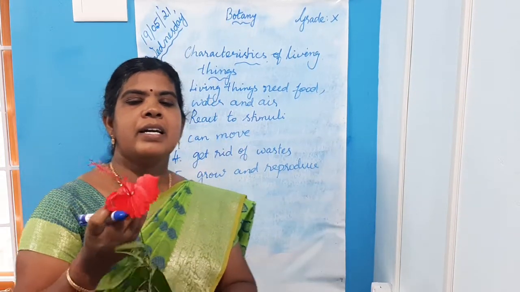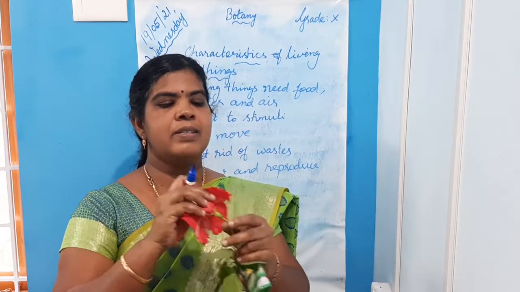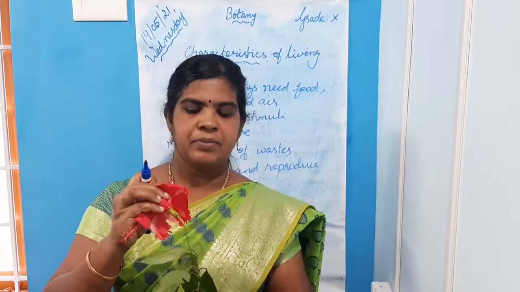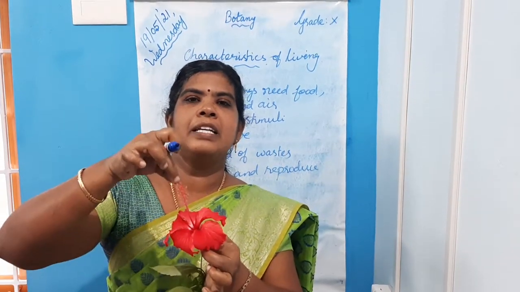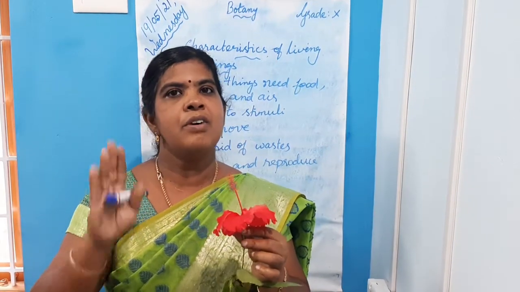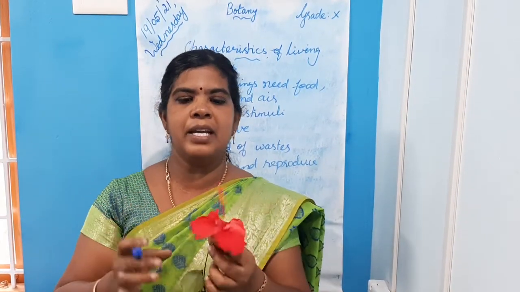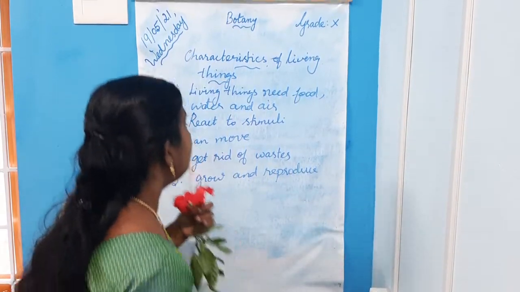Your flower consists of four whorls. The flower consists of four floral parts, namely calyx, corolla, androecium, and gynoecium.